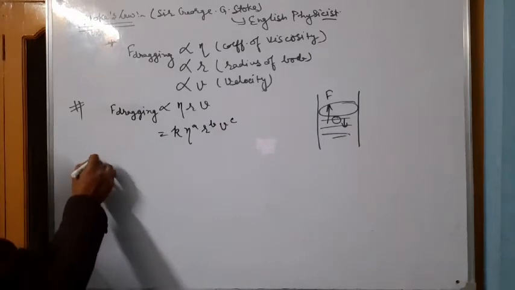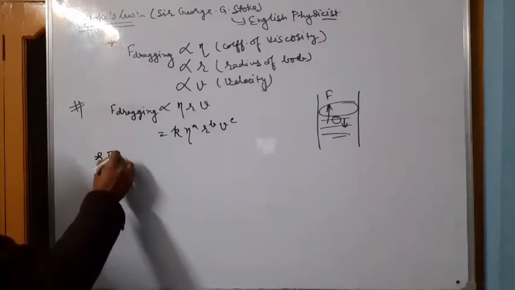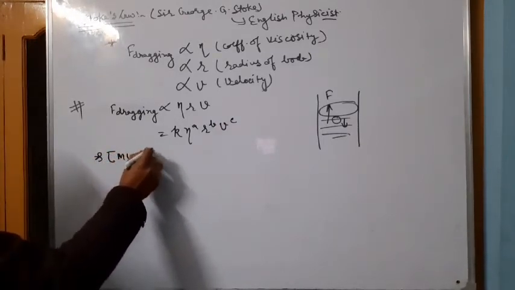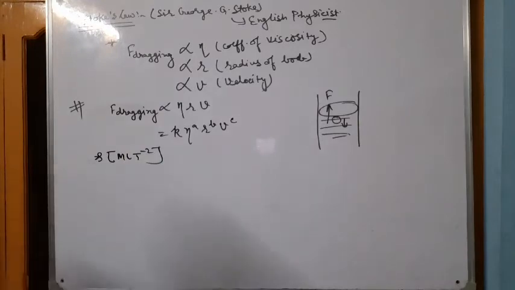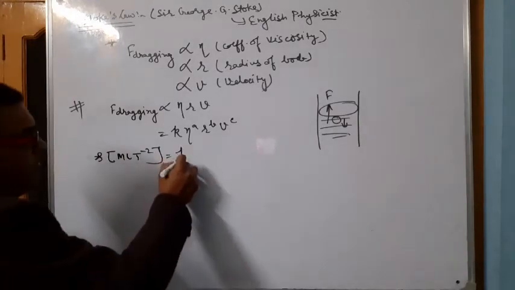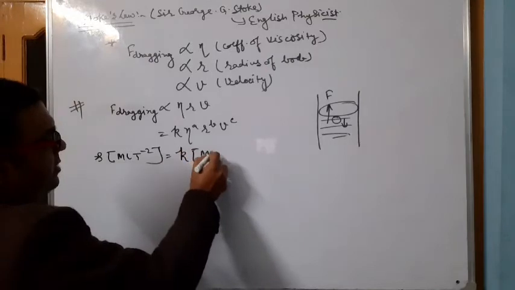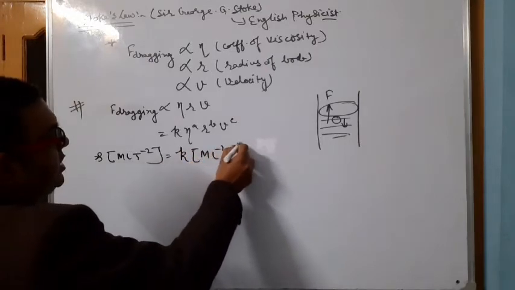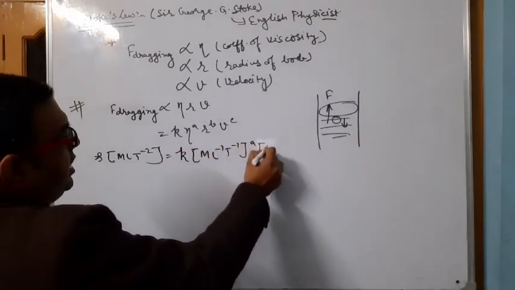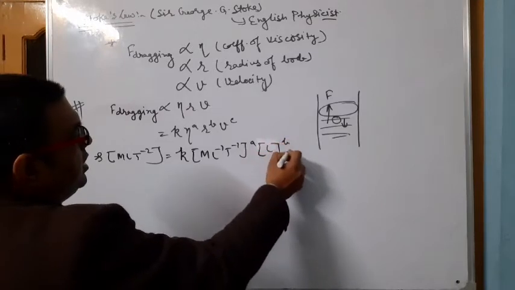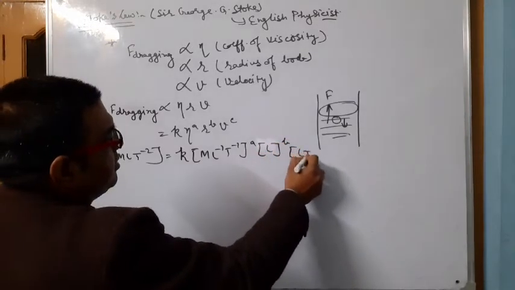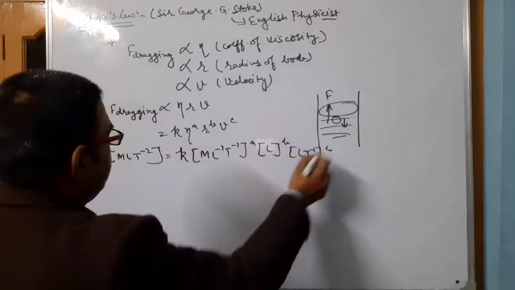Now look here, the force is given as MLT minus 2, and this is equal to k into M L minus 1 T minus 1 power a, L power b, and L T minus 1 power c.